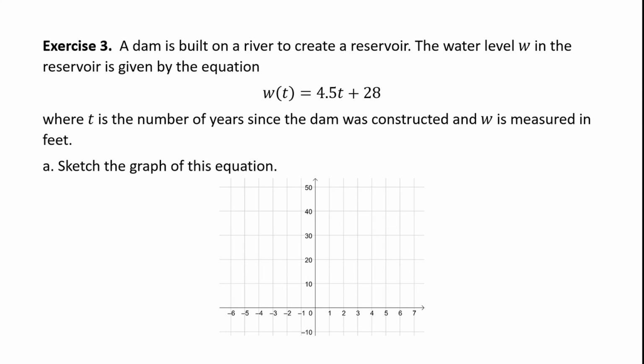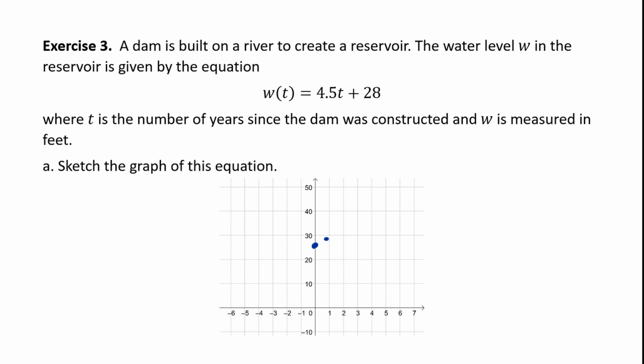From the equation, we know that the y-intercept is 28. We can mark that point on the grid. The slope is 4.5, which means up 4.5 units for every 1 unit to the right. We can approximate that by starting at the y-intercept point, going up a little bit, and over. Connect the 2 points and we've got the line.